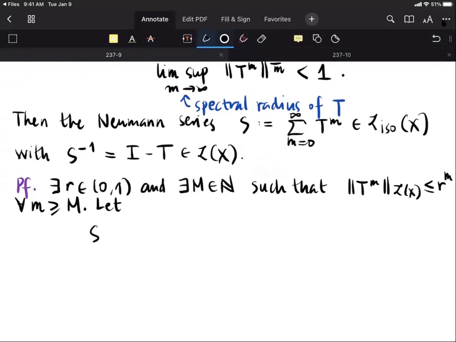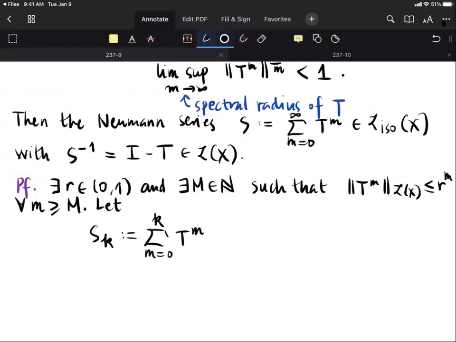And let us denote S_k to be the partial sums of your Neumann series. So we cut off the sum up to the power k.